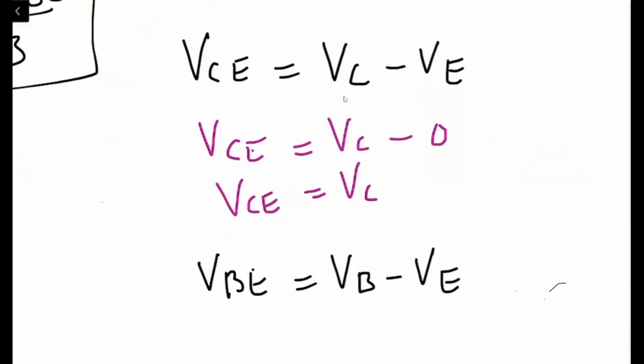Again, the emitter is at 0 potential, so VBE can straight away be written as VB. Are you with me?